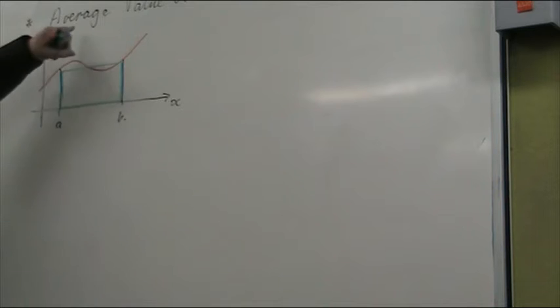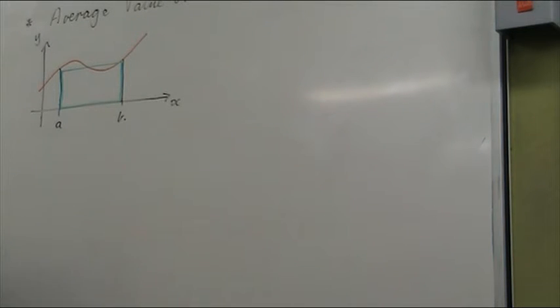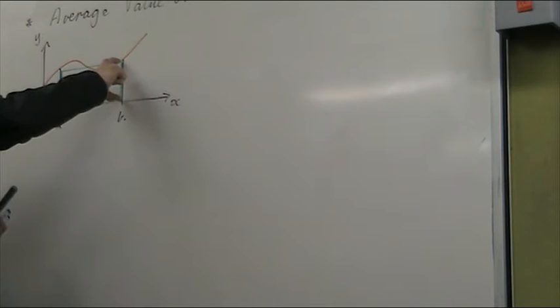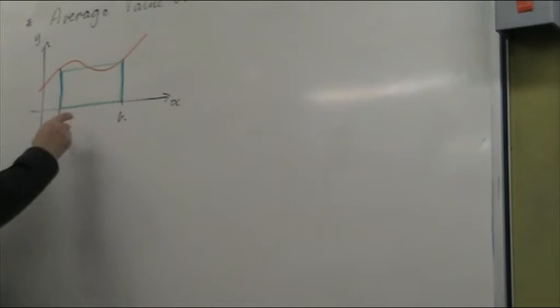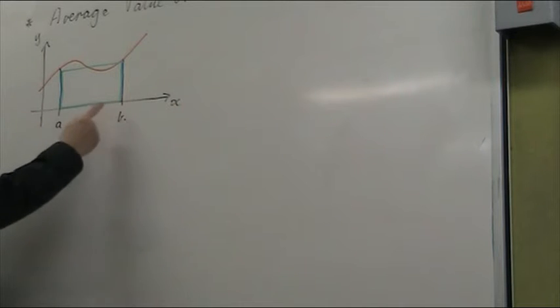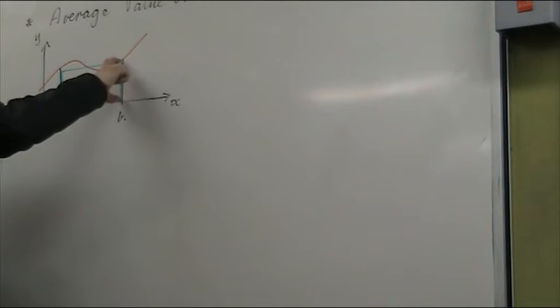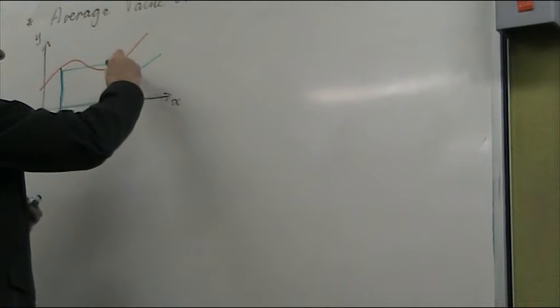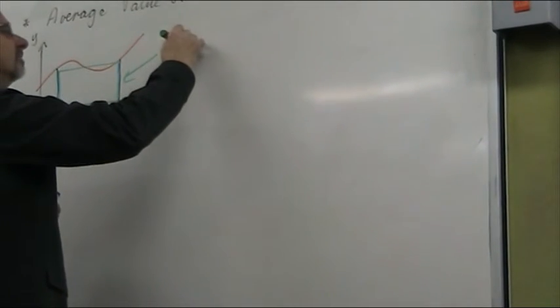Then what the average value is, it's actually this length on the rectangle. So we know that one is the interval A to B, but this length of the rectangle is the average value.